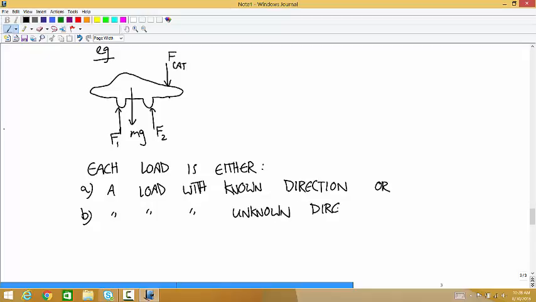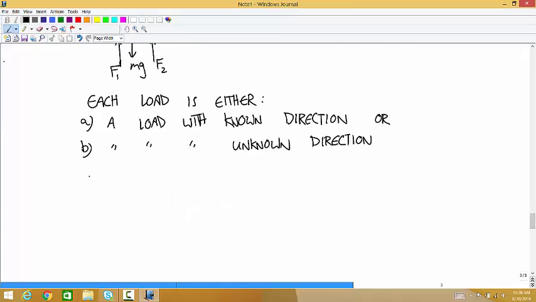And which one of those we have determines how they're going to be represented in the diagram. Load direction. Yeah. Sometimes we'll know it, sometimes we won't. And we'll have to treat them differently based on that.